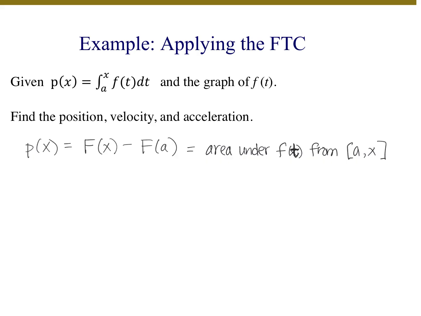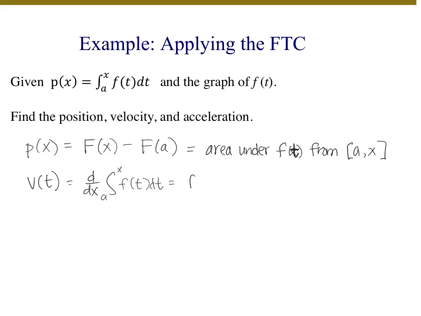All right, then we want velocity to be the derivative, so it would be d dx of the integral from a to x of f of t, which just kind of works to cancel things out.